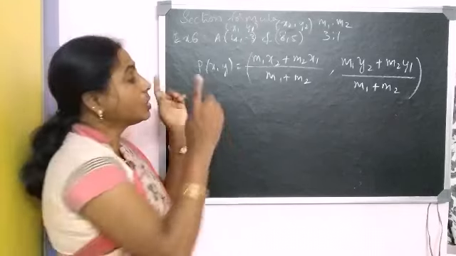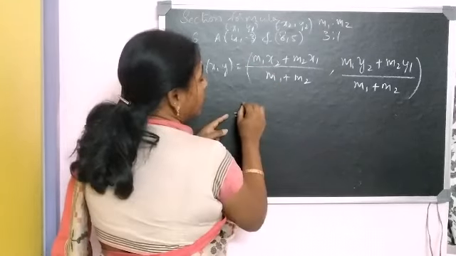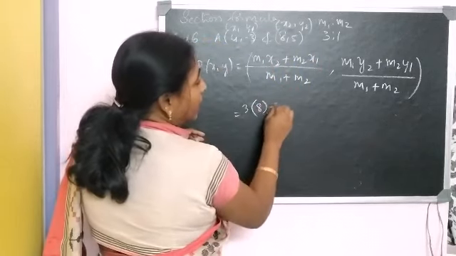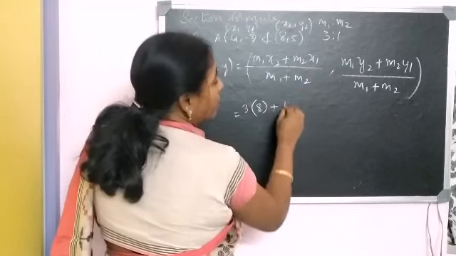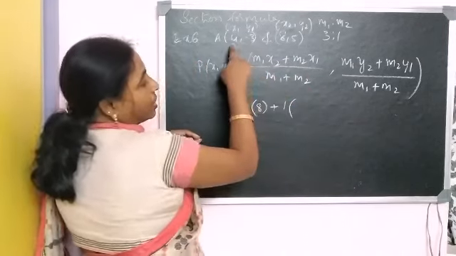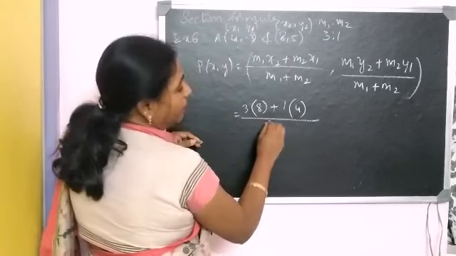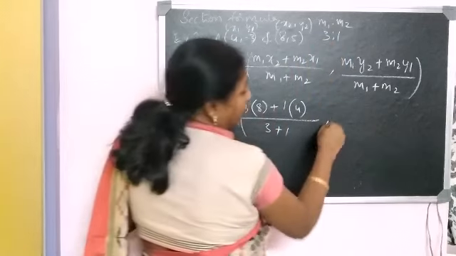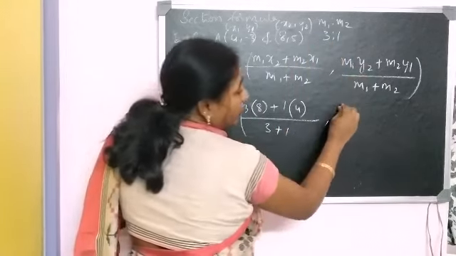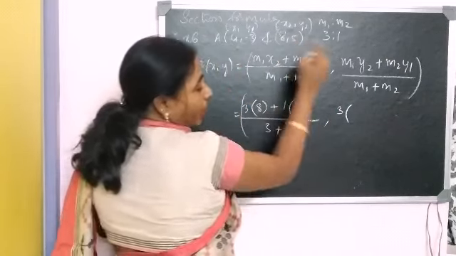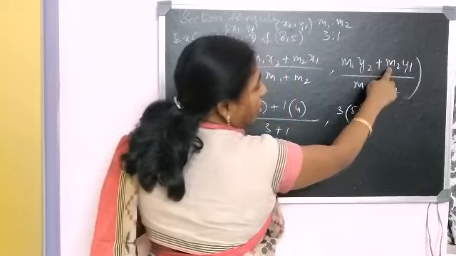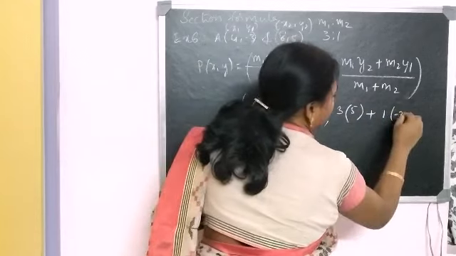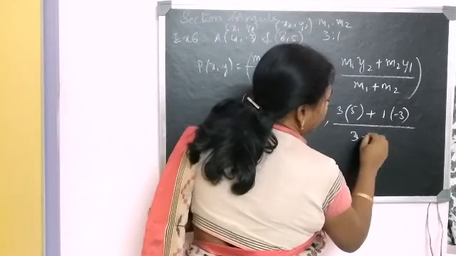Substitute the values here. m1 is 3, x2 is 8, plus m2 is 1 and x1 is 4, divided by 3 plus 1, because m1 plus m2. Next, m1 y2: m1 is 3, y2 is 5, plus m2 is 1, y1 is minus 3, divided by 3 plus 1.